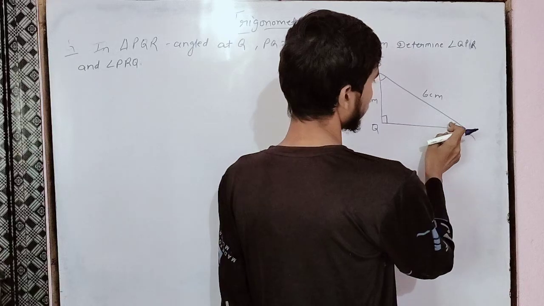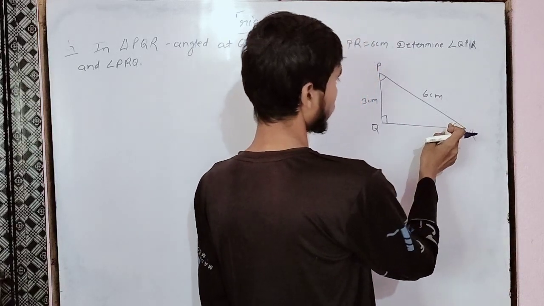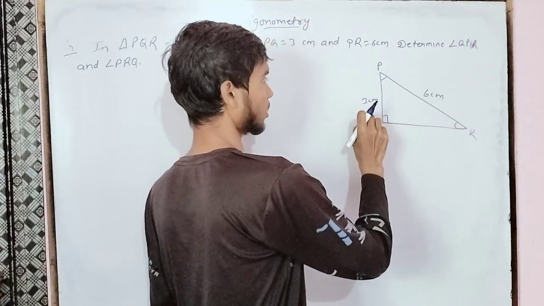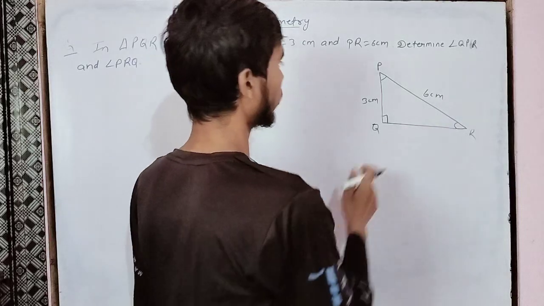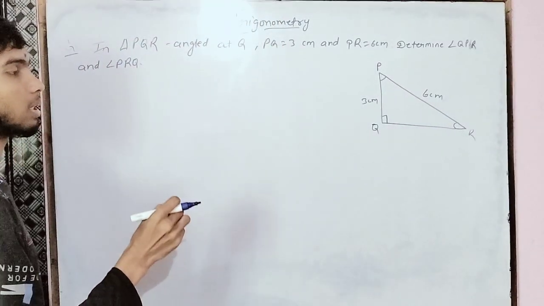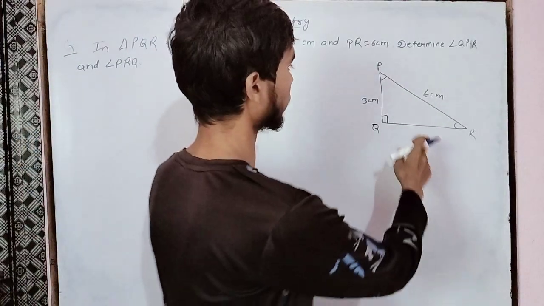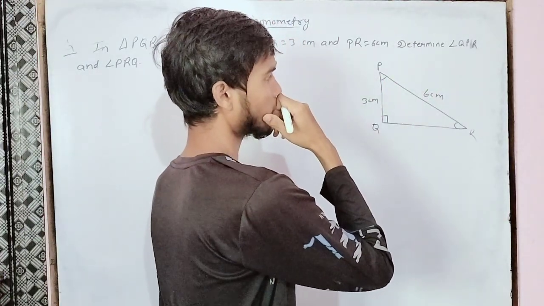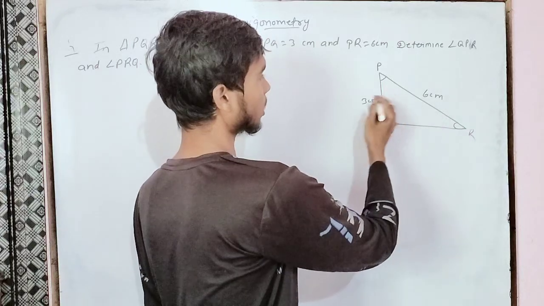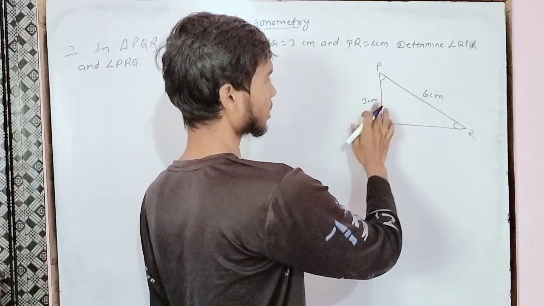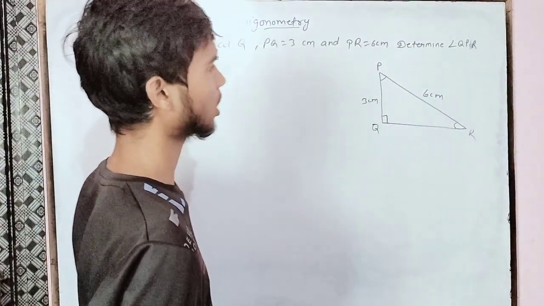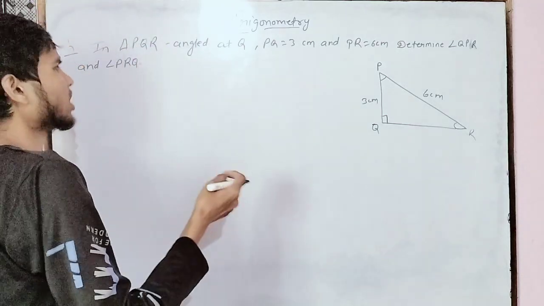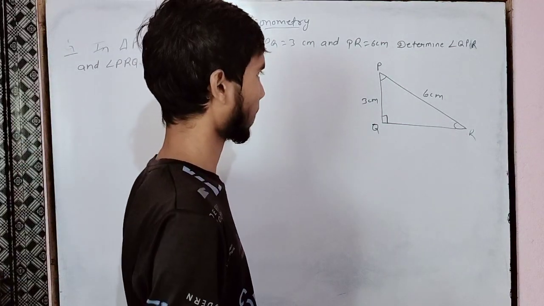according to whatever is given here, according to this theta, this upon this, what will be? According to this theta, it is the perpendicular and this is the hypotenuse. Hypotenuse is fixed. Now 3 upon 6.